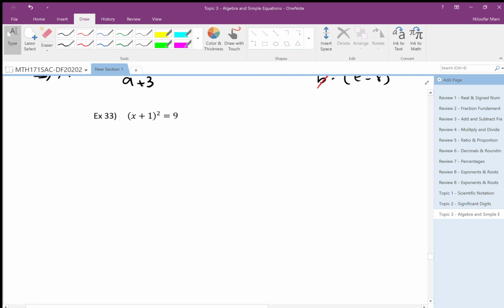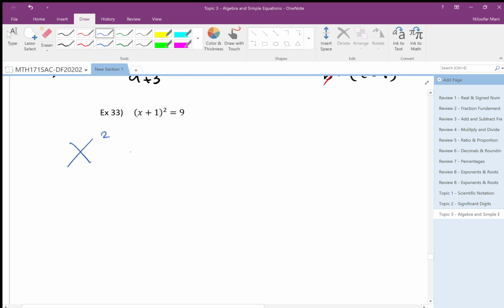Okay, how about this question? I think when I was teaching you review 8, I talked about this. If you have x squared equal 9, then x is plus minus 3. Wherever and whenever you see something squared equal a positive number, you have two answers.